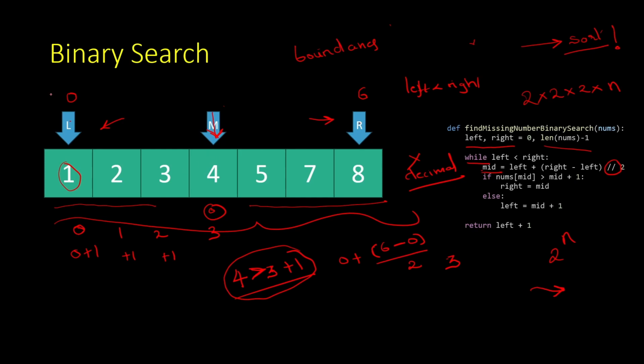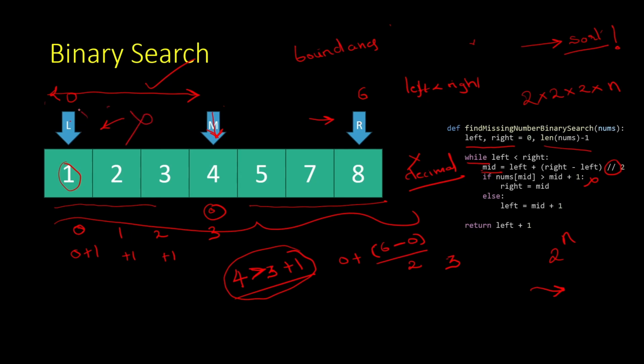Then we can say all the things on the left side of this mid are correct. There was no issue. So what will we do? As this condition failed in our case, because this part has no issues, we don't need to check it.